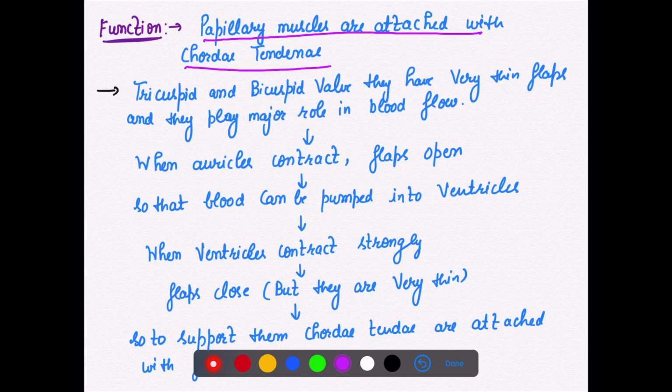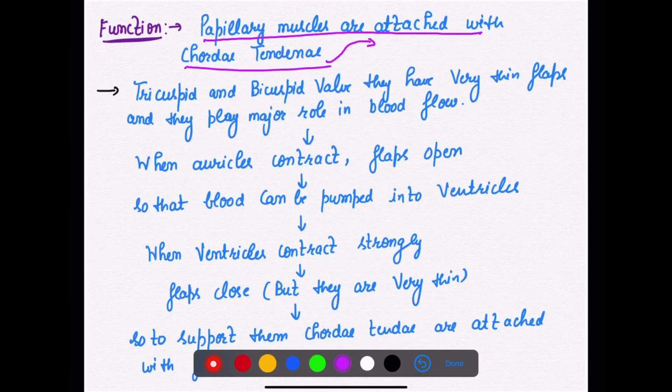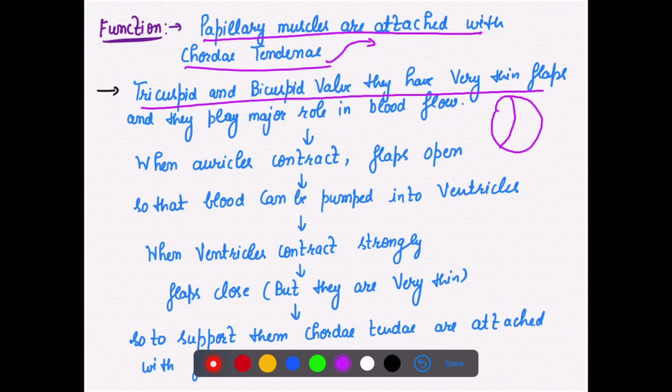Now, the tricuspid and bicuspid valves have very, very thin flaps, but they play a major role in blood flow. As soon as blood comes from the auricle into the ventricle, they open, and then when blood has come into the ventricle, they have to close.